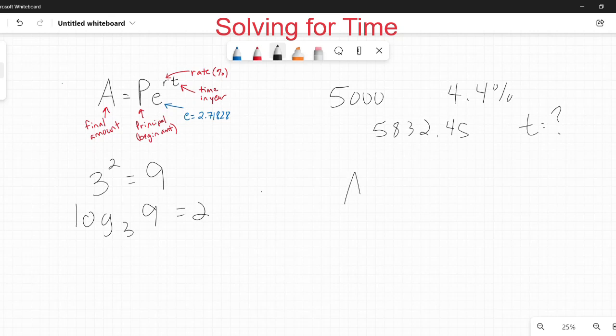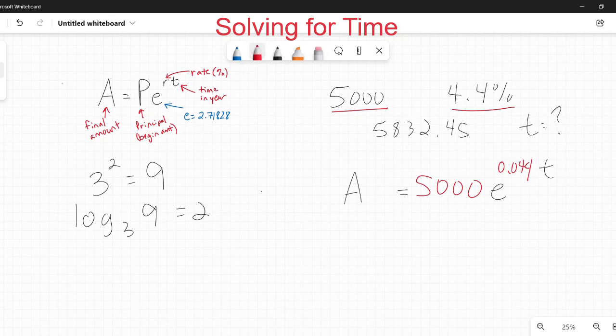So let's plug everything in. And I'm going to remember to leave spaces this time. So $5,000, that is my principal. That's what I invested. So I put it in for P. 4.4% is my rate. So I'm going to write it here. I'm running out of room. There we go.